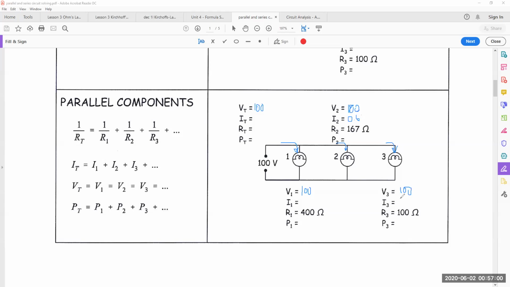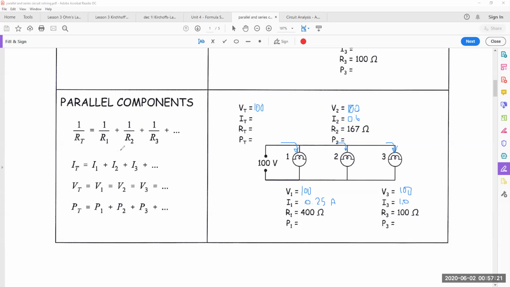I3 is going to be 1 amp, and 1.0, so it looks professional. I1 is going to be 0.25 amps.